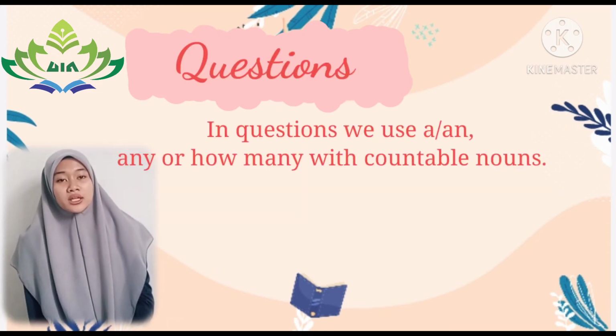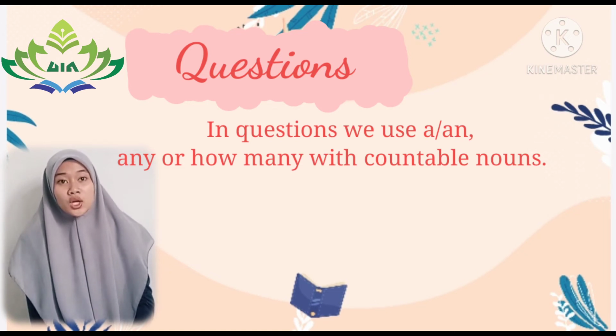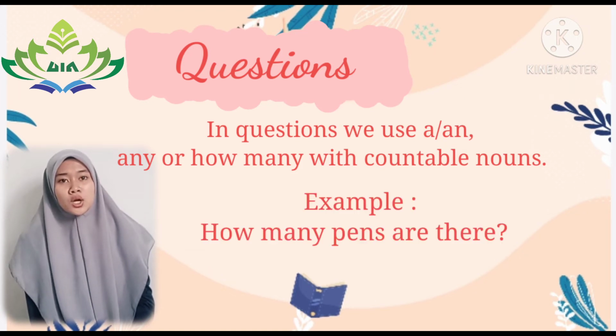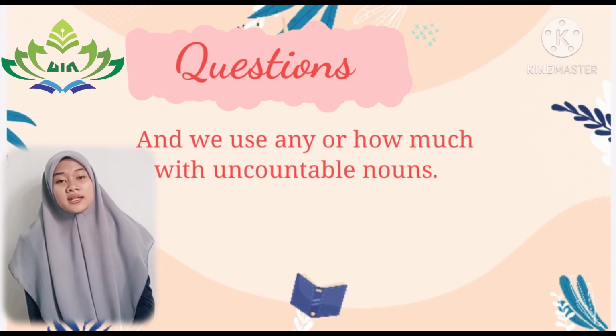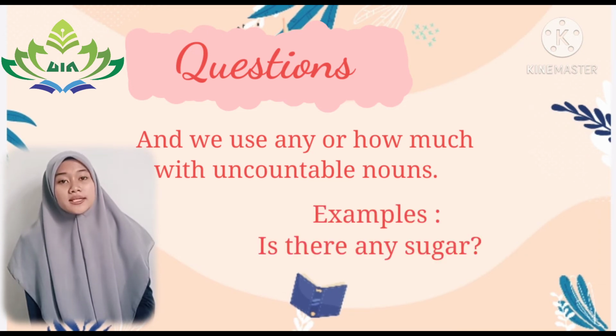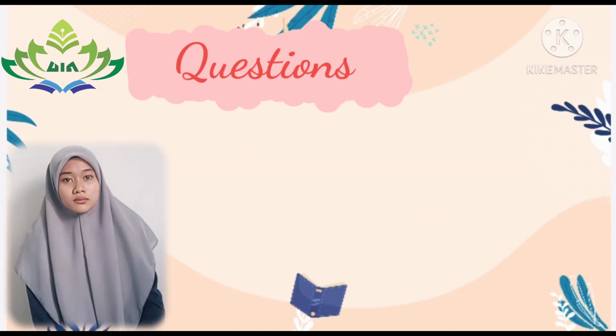Questions. In questions, we use a or an, any or how many with countable nouns. For example, how many pens are there? And use any or how much with uncountable nouns. Example, is there any sugar?